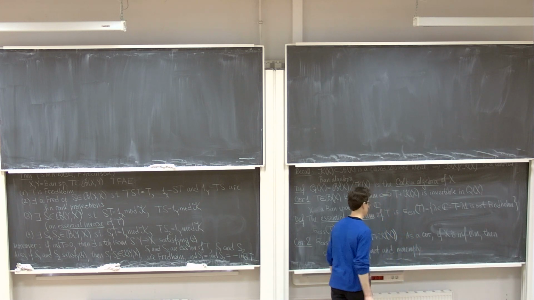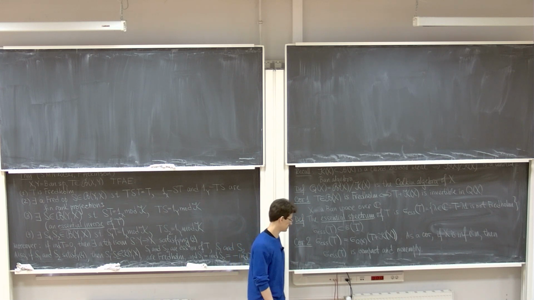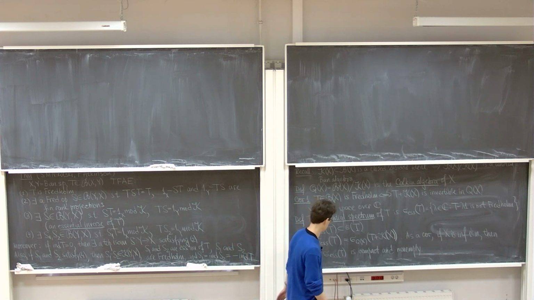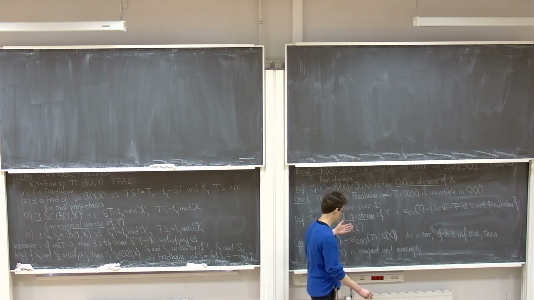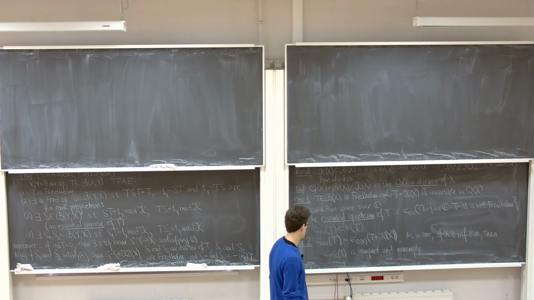Well, indeed, we know that the spectrum of any element of a non-zero unital Banach algebra is compact and non-empty. So the right-hand side here is compact and non-empty, and so the essential spectrum is compact and non-empty.